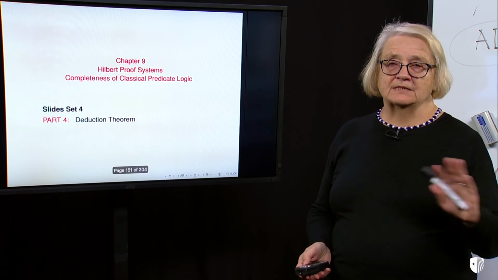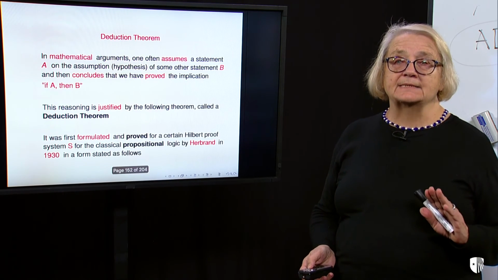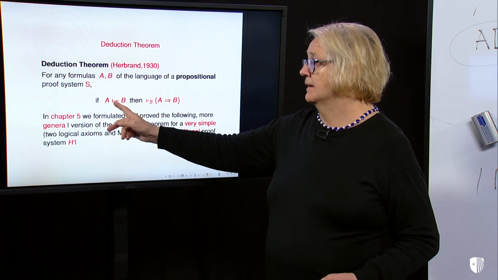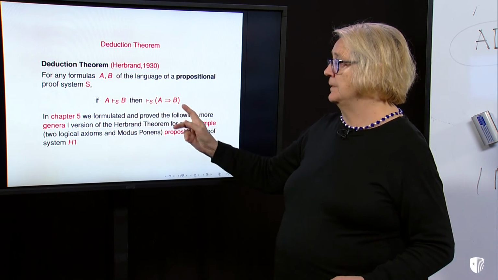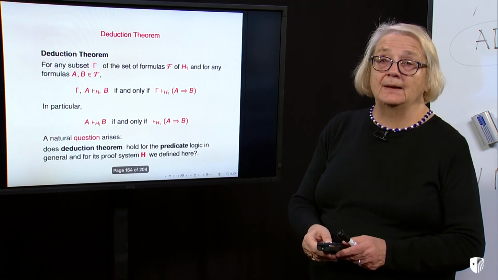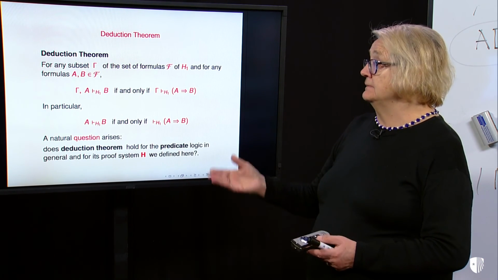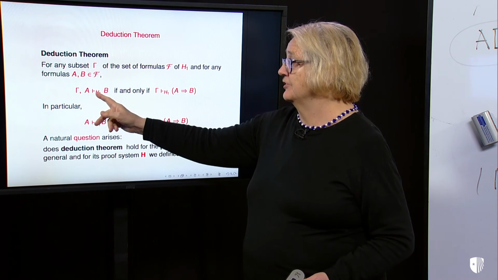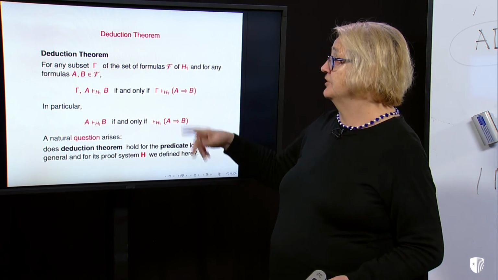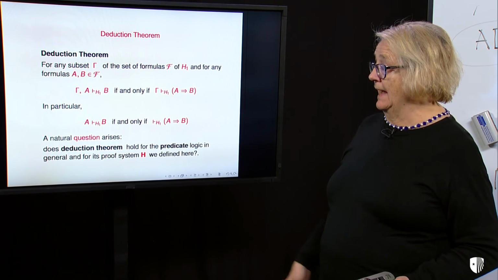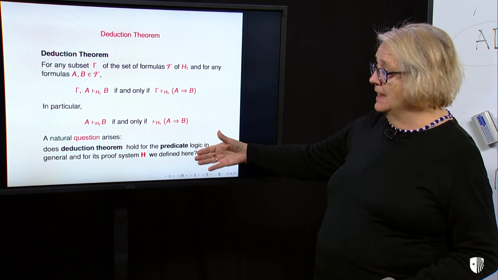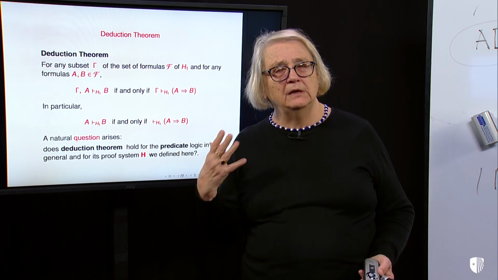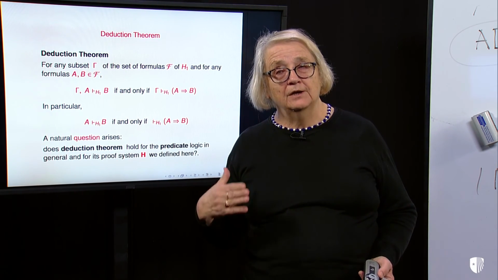Now, the deduction theorem: A has a proof in S if and only if the implication has a proof, and you have the same with Gamma. In general, we do the same type of thing. We are asking, can we do what we did in propositional logic?